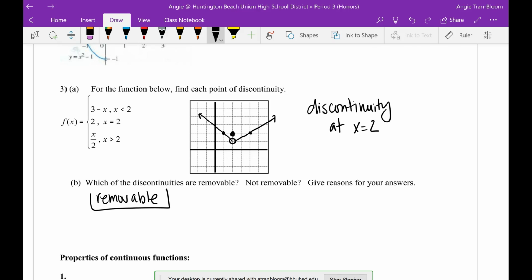But what else to back it up? The limit. The limit as x approaches 2 is what, by the way? It's 1, right? Which is not the same as what? F of 2. Can we agree with that? Okay, so that's a better support of your removable.